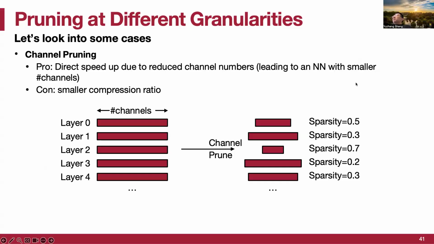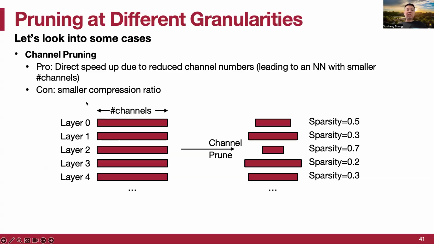This is easy to understand. For example, initially for this layer in the original network we have six kernels, and after using the channel level pruning method, we directly only have three kernels, and the acceleration, saving the memory, saving the computation is immediate, right?